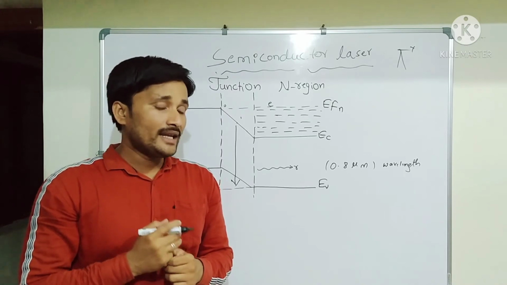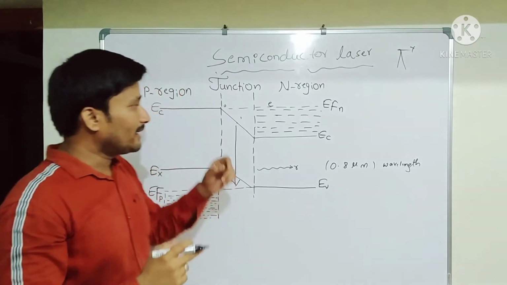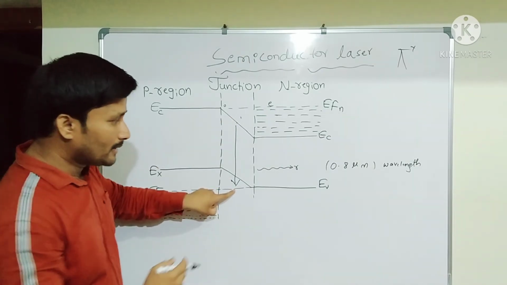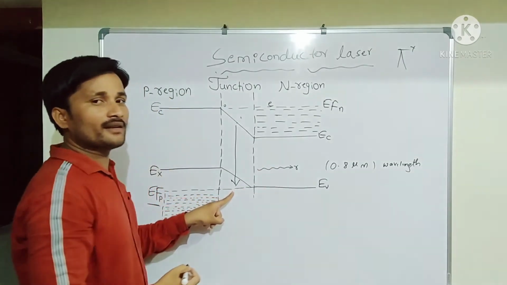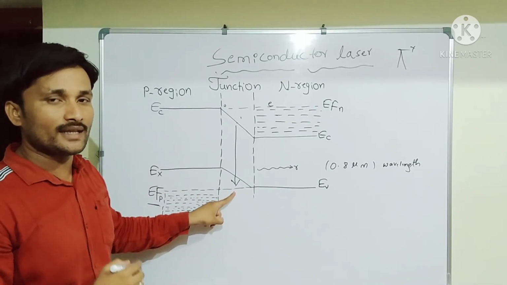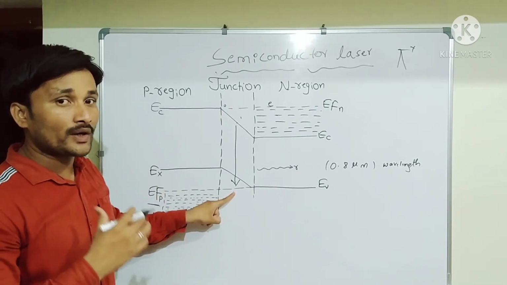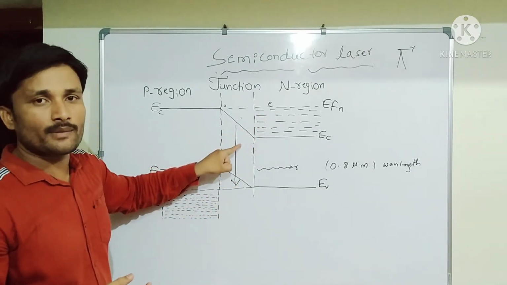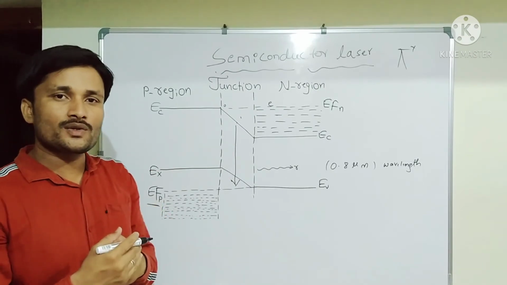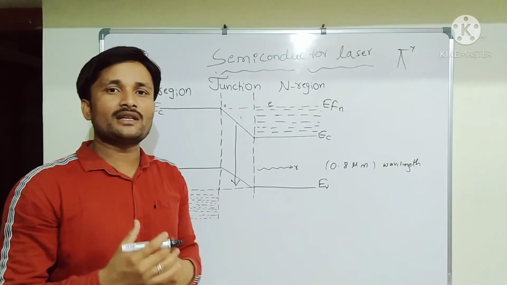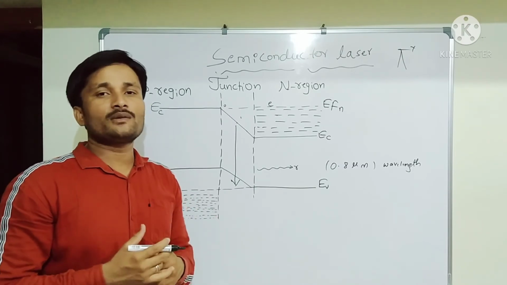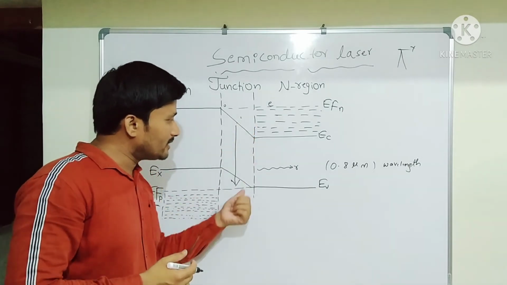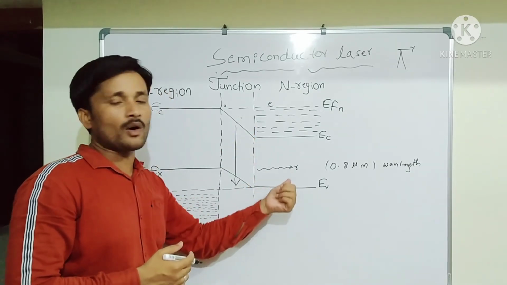Spontaneous emission is nothing but the electron coming from the excited state to the ground state by releasing a photon of energy. Clear? So when is spontaneous emission happening? The electron from the N type comes into the junction and the hole from the P type comes into the junction, so the recombination process happens there. Because of that recombination, the spontaneous emission process is carried out. So that spontaneous emission leads to this wavelength of energy coming out.